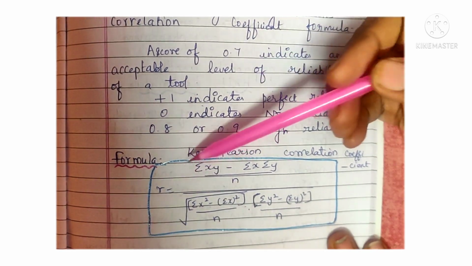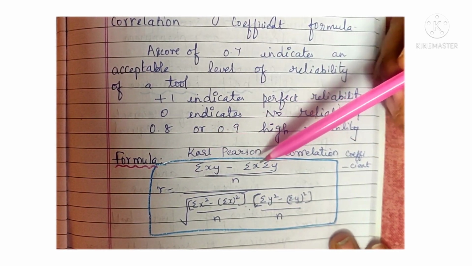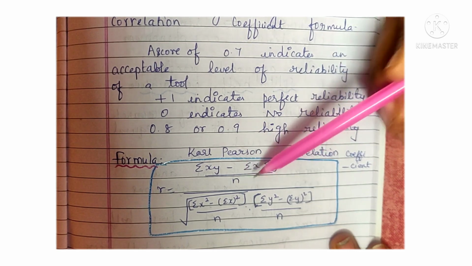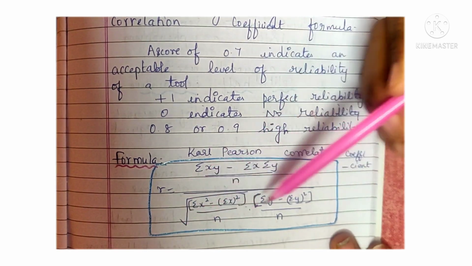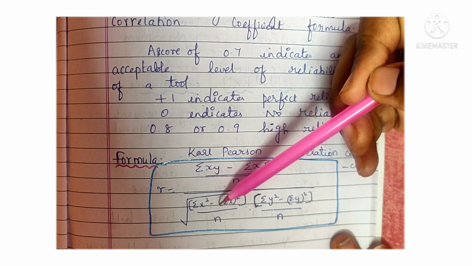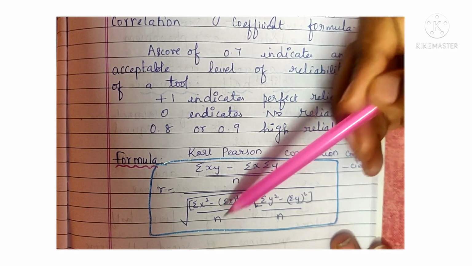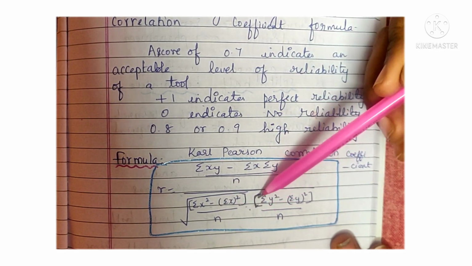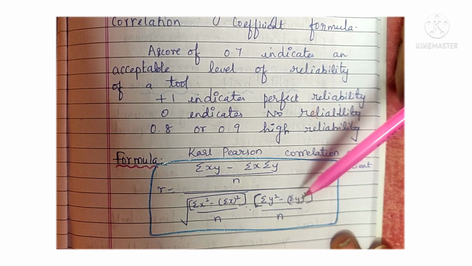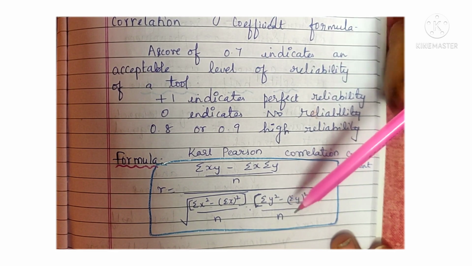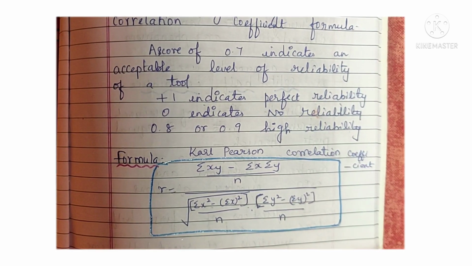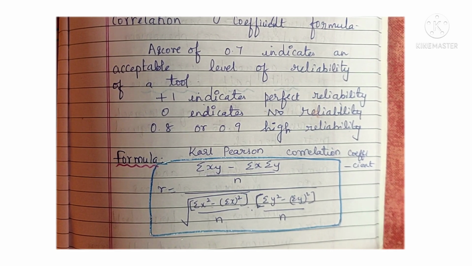So R is equal to sigma xy minus sigma x into sigma y divided by n, divided by the square root of sigma x square minus sigma x whole square divided by n, into sigma y square minus sigma y whole square divided by n. This is the formula for calculating stability.